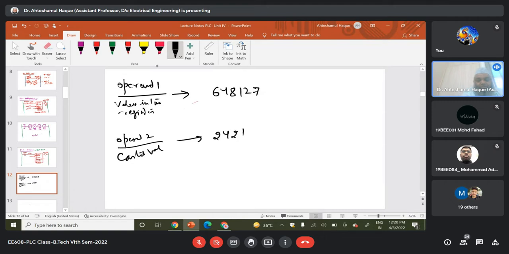अब आप 2421 से इसको divide करेंगे. So what you'll get if you divide these two, then use your calculator. So I'll be dividing 648,127 divided by 2421.